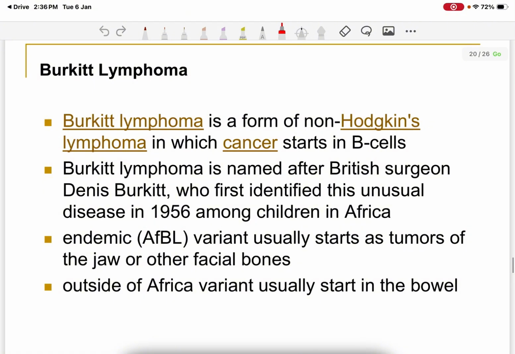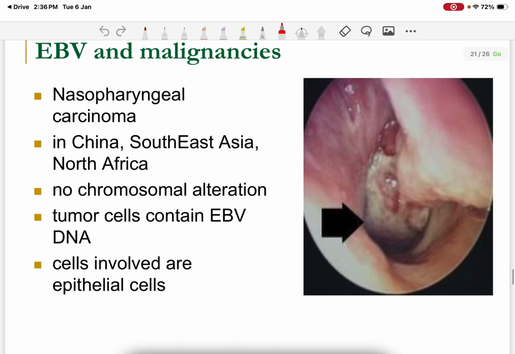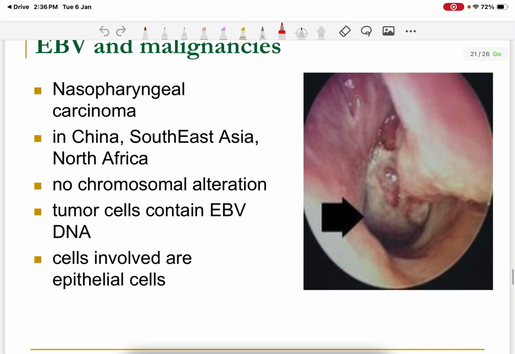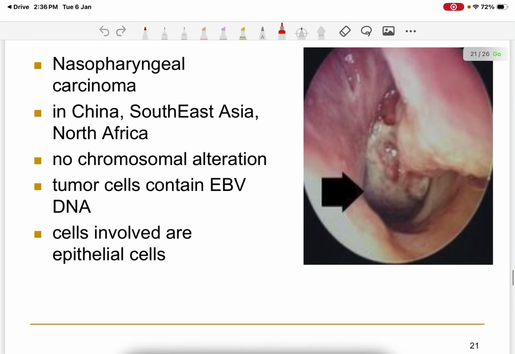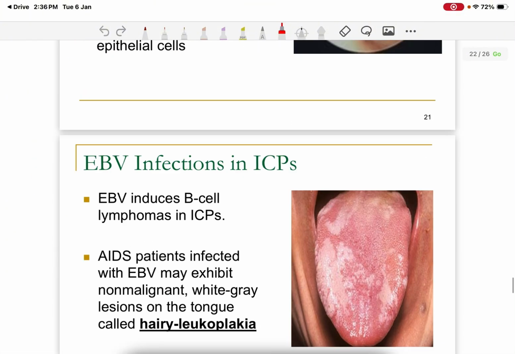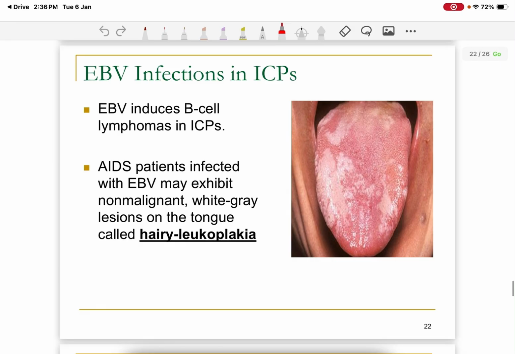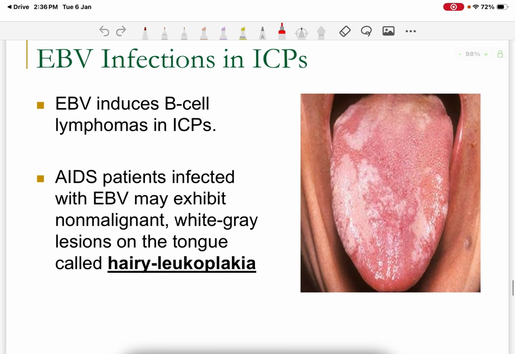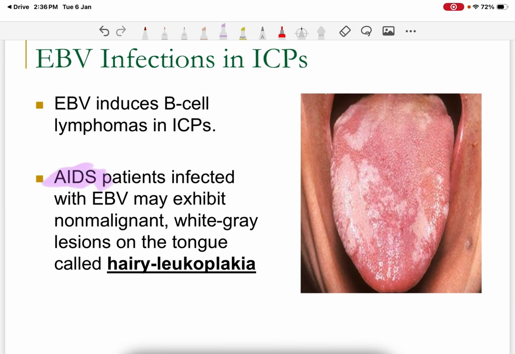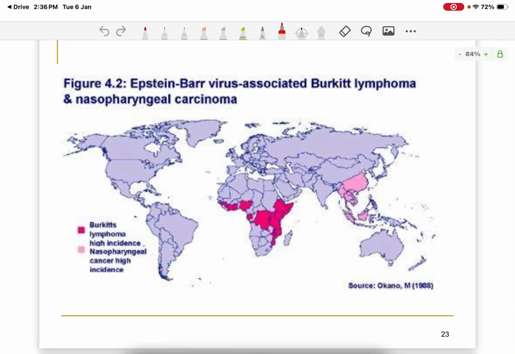Okay. Nasopharyngeal carcinoma and leukoplakia, especially among people with HIV/AIDS. Okay. Epstein-Barr virus is associated with Burkitt's lymphoma. Unfortunately, the association of Burkitt's lymphoma in Africa and nasopharyngeal carcinoma, where do you see it? What is this region?